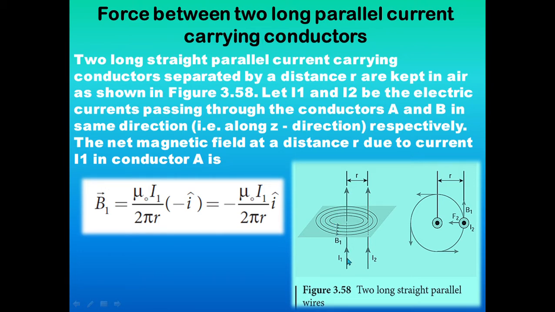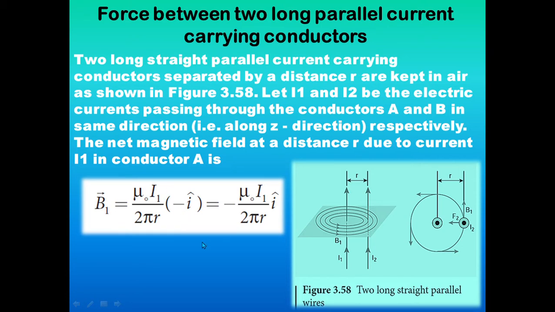Net magnetic field at a distance r due to the current I1 in conductor A. The magnetic field formed due to the current I1, we already know the formula: B1 vector is equal to mu naught I1 divided by 2 pi r into minus i cap.